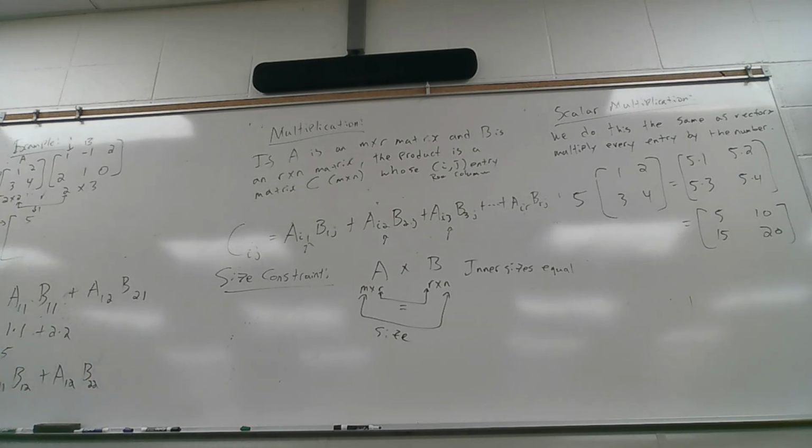This is what the formula tells us. Now let's digest what it just told us. This is saying row 1, column 1 of A, so that first top left entry, times row 1, column 2. So that's 1 times minus 1.